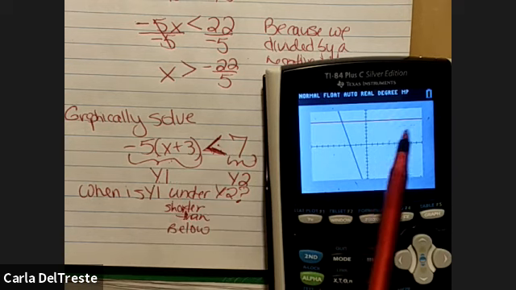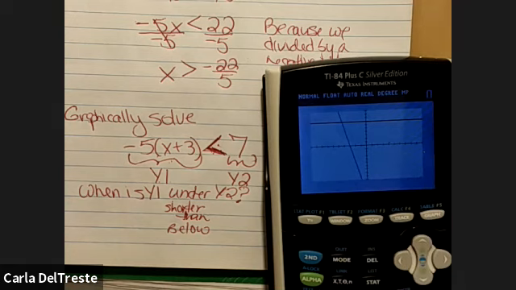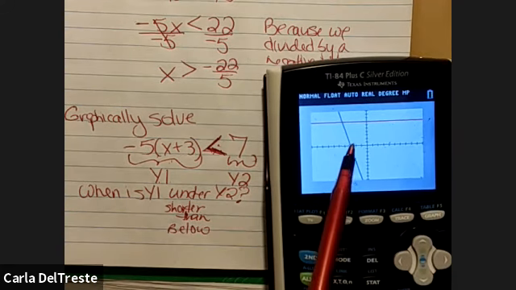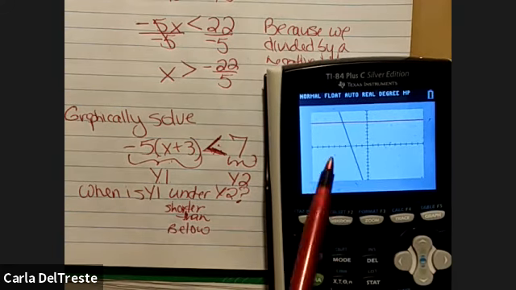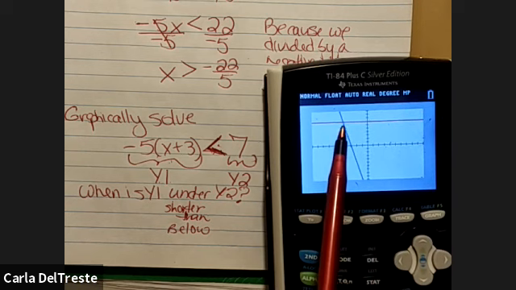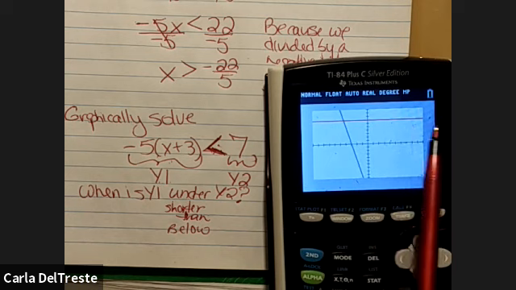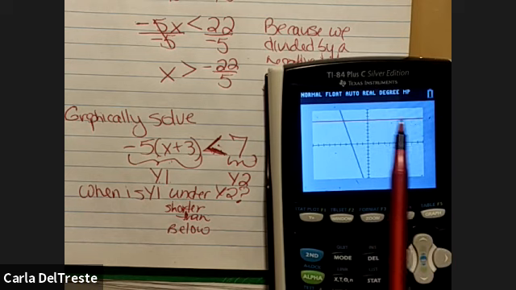This is my constant, just 7, my flat line. When is the blue line below the red line? For all these points after this intersection, right? All of this. If I were to shade this, it would be all of this.